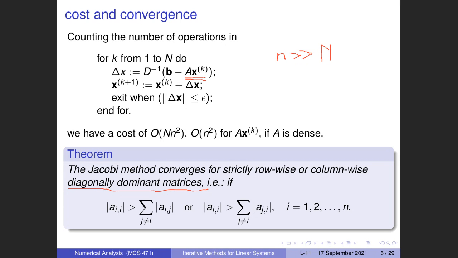Also, we know how to do pivoting. So you can scan a matrix and do some row changes and column changes so that the largest element always occurs on the diagonal. So that also allows you to pre-examine, before you start running the iterative methods, whether the method has a chance of converging or not.